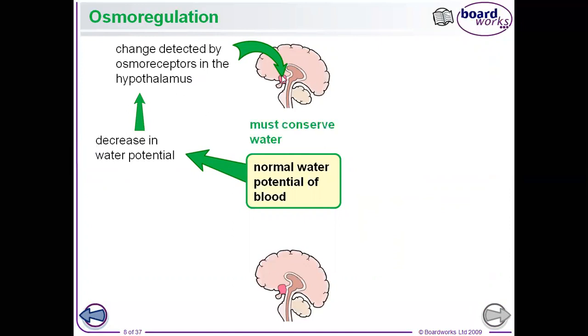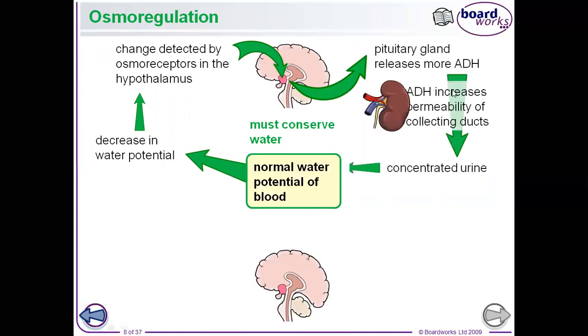The hypothalamus will send an impulse to the pituitary gland, and the pituitary gland will start production of ADH hormone. ADH is antidiuretic hormone. This hormone increases the permeability of the collecting duct of the nephron.